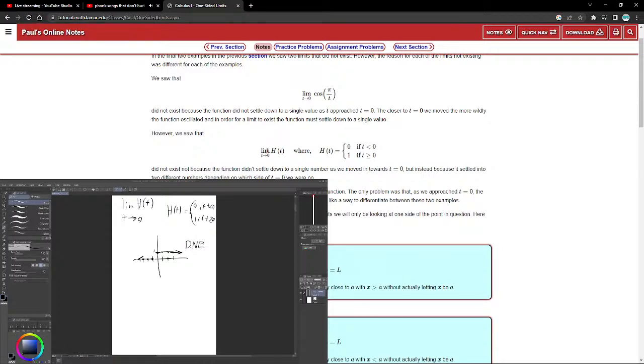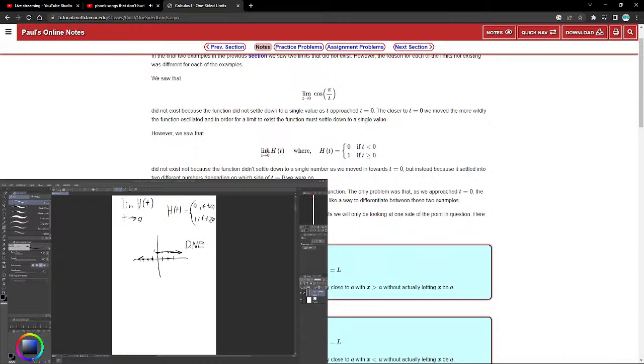However, we saw that the limit of h of t as t approaches 0, where h of t is 0 if t is less than 0 and 1 if t is greater than or equal to 0, did not exist. The function didn't settle down to a single number as we moved towards t equals 0, but instead settled into two different numbers depending on which side of t equals 0 we're on.